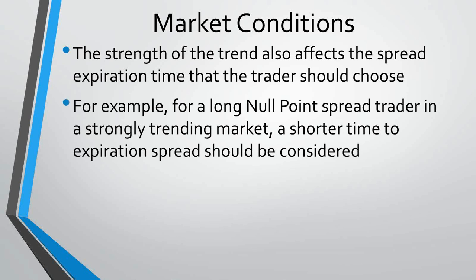For example, for a long null point spread trader in a strongly trending market, a shorter timed expiration spread should be considered. Why? Because as it moves away from that null point and towards that ceiling price, and I'll go back into these graphs, we're now in the money, approaching the ceiling price, and we want to capture that theta. We want that time decay to work for us.